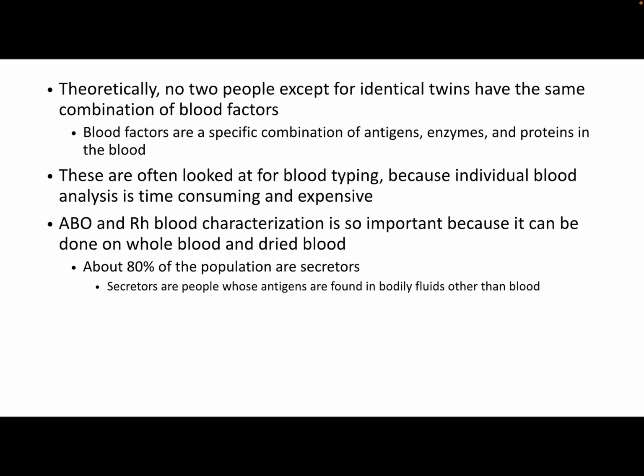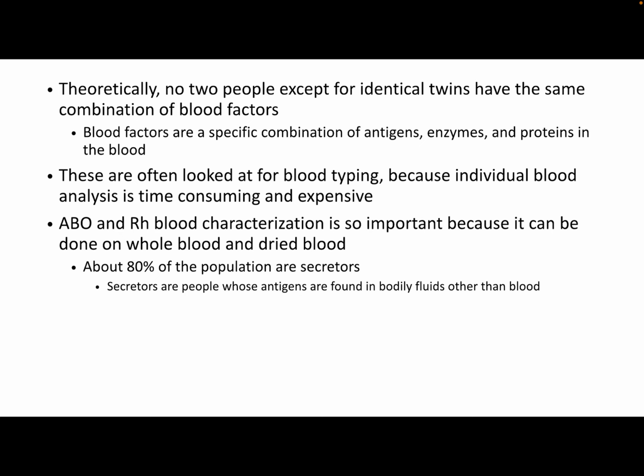The ABO and Rh blood characterization is so important because it can be done not only on whole blood, but also dried blood. So blood type is going to be one of the things that we can test even if the blood is old or contaminated. And also about 80% of the population are what we refer to as secretors.